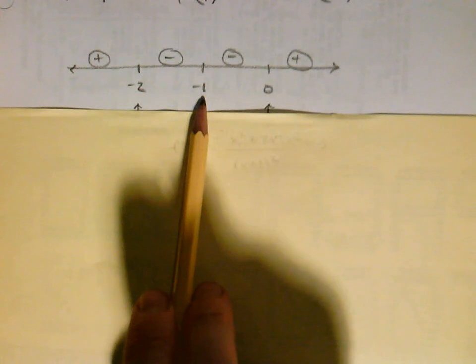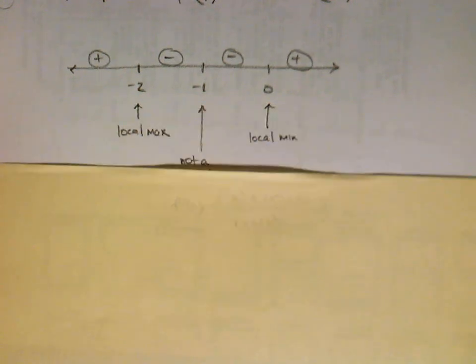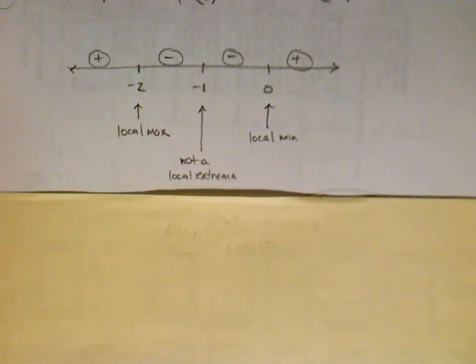That's not anything at all. It's not a local max, it's not a local min. If it stays the same, there's a couple different things that could be going on, but in any case, it is not a local extrema, so we don't mention it at all. It was a critical number, but it's not a local extrema. It is possible to be a critical number, but not end up being a local extrema.